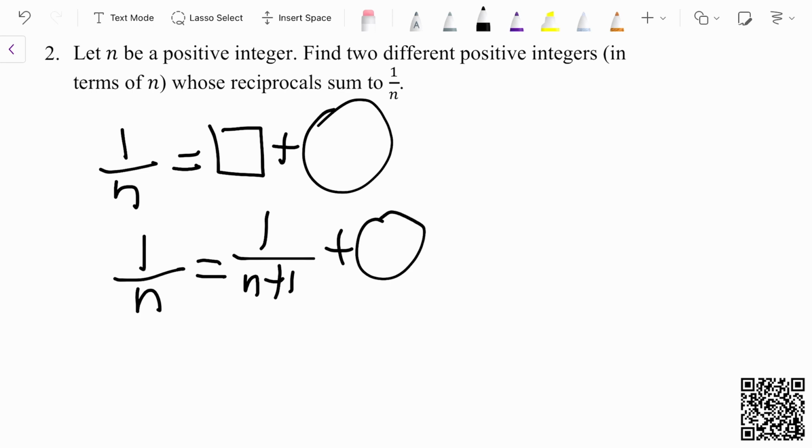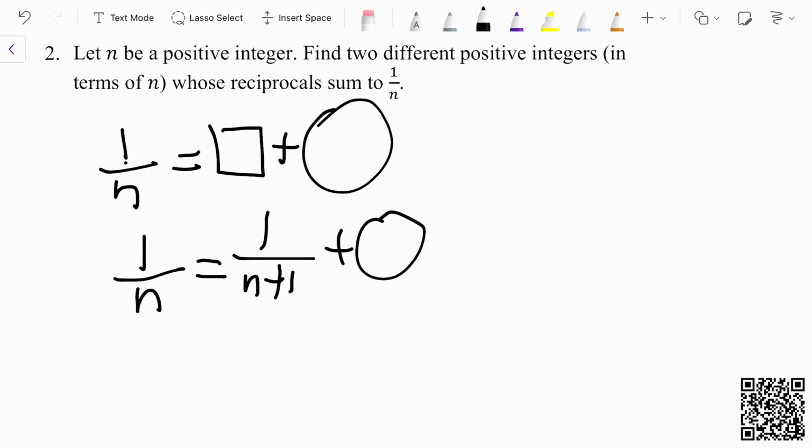But then you might be asking, wait a minute, how do we find circle then?